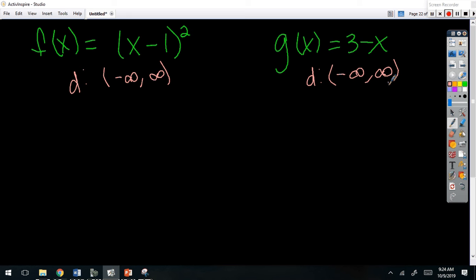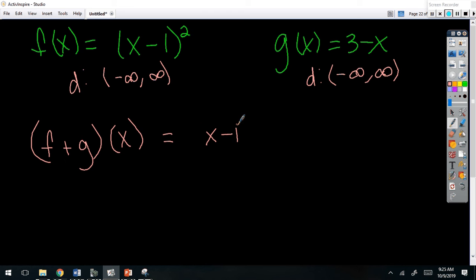All right. What is the sum of f plus g of x? I'm probably going to need to expand this one out a little bit because I will have some like terms here.